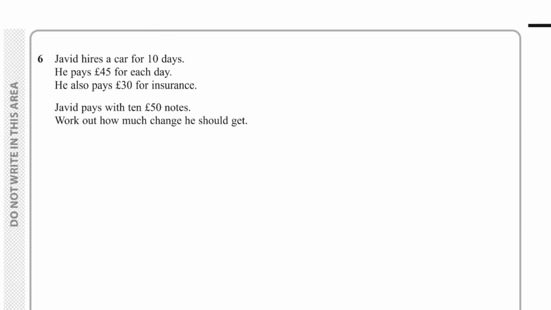Question number 6. Javid hires a car for 10 days. He pays £45 for each day. He also pays £30 for insurance. Javid pays with 10 £50 notes. Work out how much change he should get.